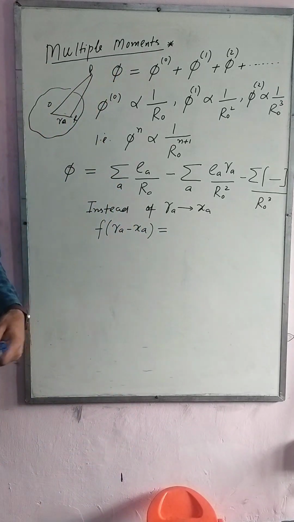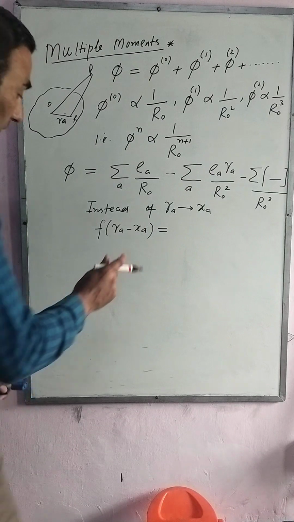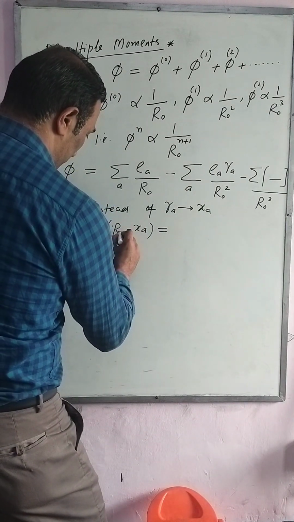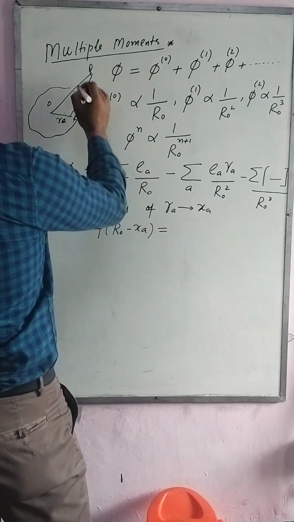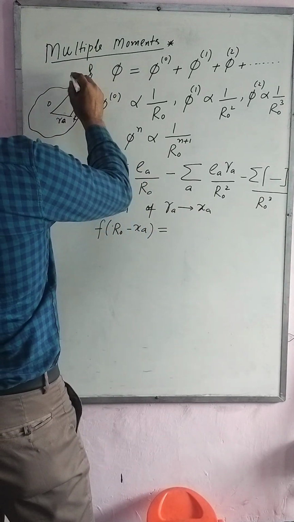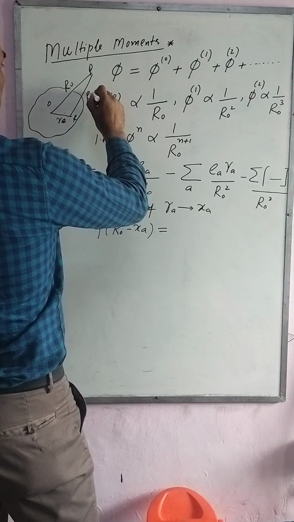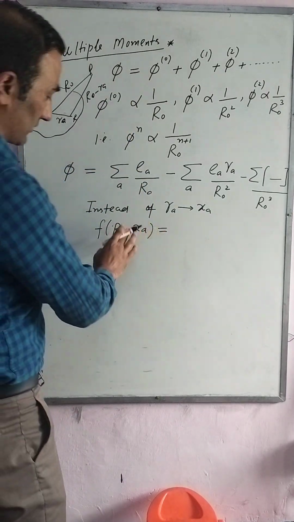you can expand this using the Taylor series expansion, or instead of XA, you can write R naught. Okay, it is R naught minus RA, because this was RA and this was R naught and this was R naught minus R. So instead of RA, if I write XA here, let's expand this.